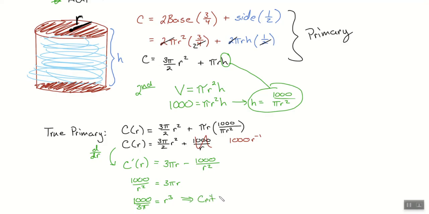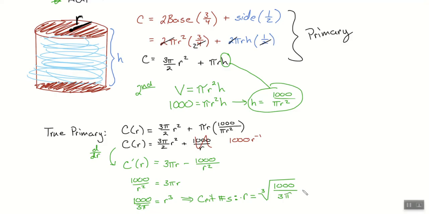Now, check me out. I don't have a calculator handy, and I don't really care what this approximation is right now. What's r without a calculator? So the cube root of 1,000 over 3 pi. Now, we could simplify or change this a little bit, but we don't have to. 1,000 over 3 pi.